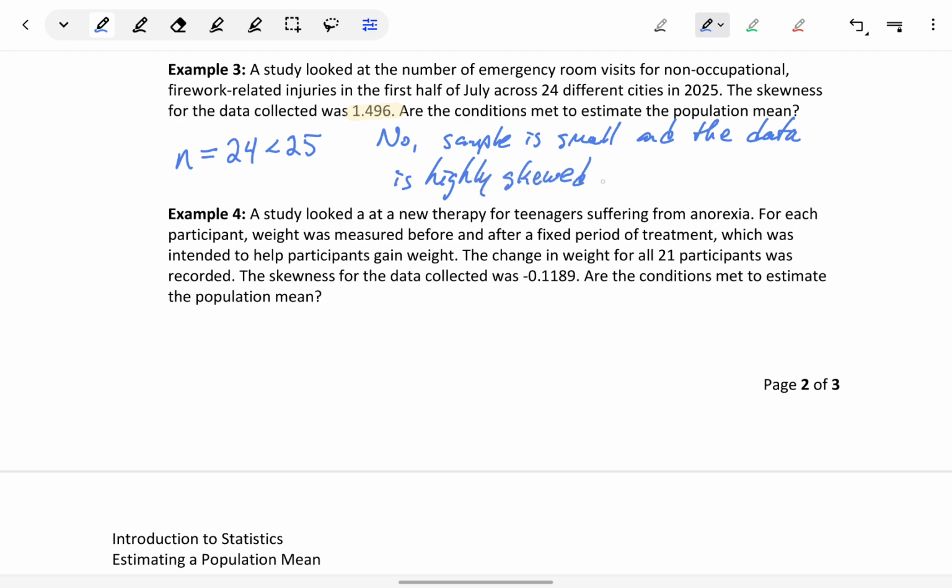Since the data is highly skewed, that suggests the population is non-normal.